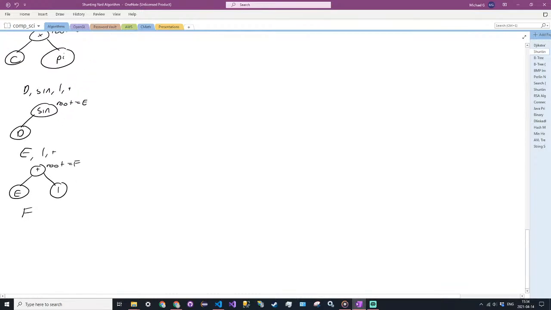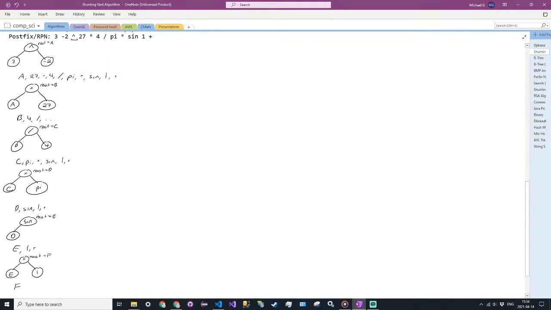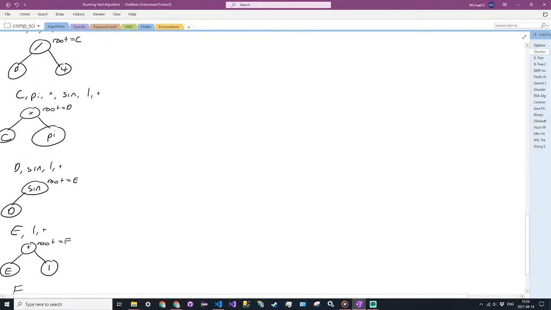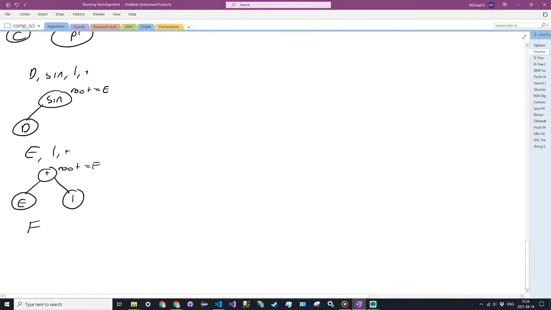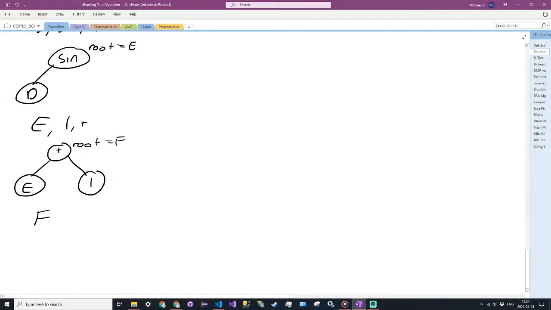Let's look at what F is, so we can see what this entire tree should look like. All I'm going to do is start with F as the root, and then I will just backtrack and substitute in the past roots.